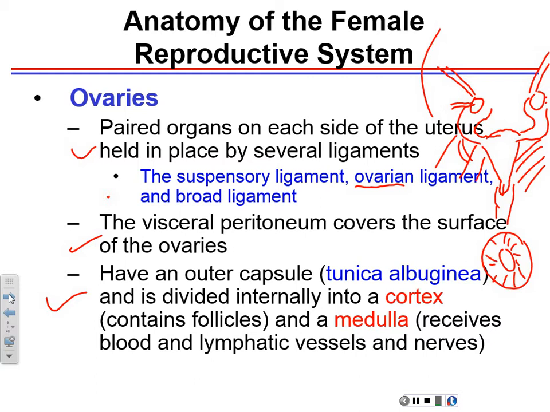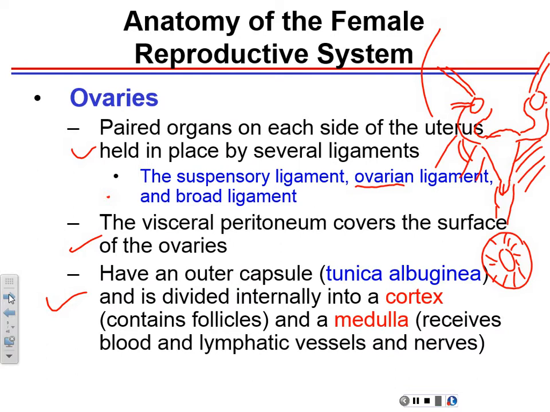And then you've got the medulla, in the middle, where the lymphatic vessels and the blood vessels come in to supply the ovaries. So the ovaries have those two layers, just like the kidneys have the same cortex and medulla.